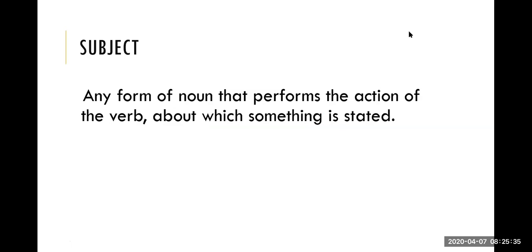It means that a subject is always a noun, and the form of the noun depends on what we need to supply in that sentence. It can be just a single word, it could be several words that have a meaning, which we call a phrase, or it could be in the form of clauses.